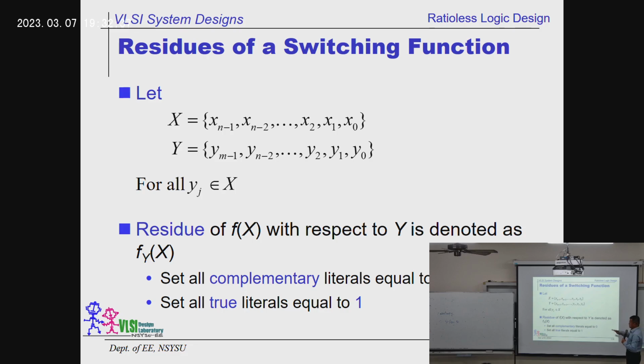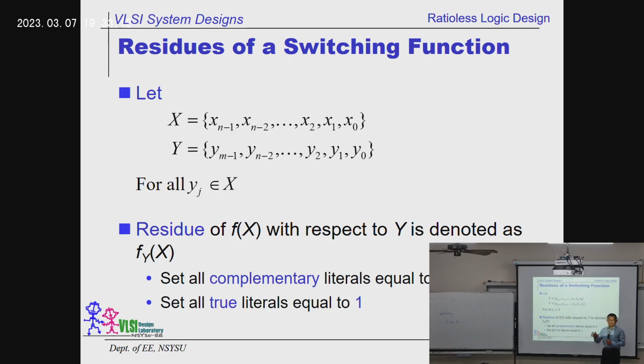Right now let's assume we have two sets, big X and big Y. This is M variables, this is M variables. We have to define one term, which is called the residue. Residue is something left that remains, just like garbage. Garbage is not the right term, but residue is residue. So the residue of f over x with respect to y is denoted as f sub y big X over here.